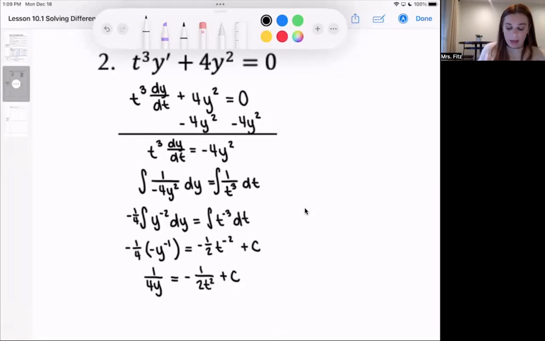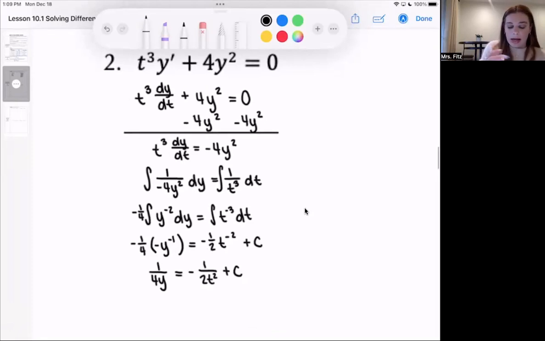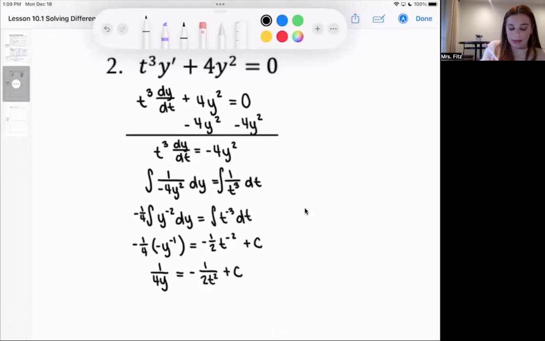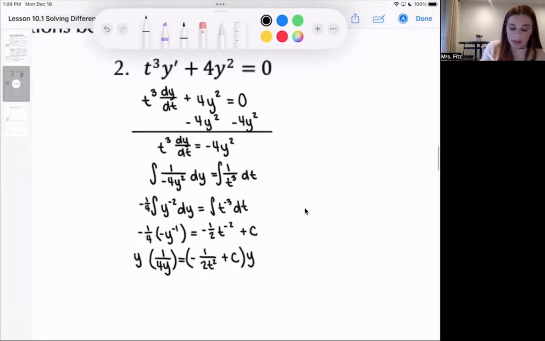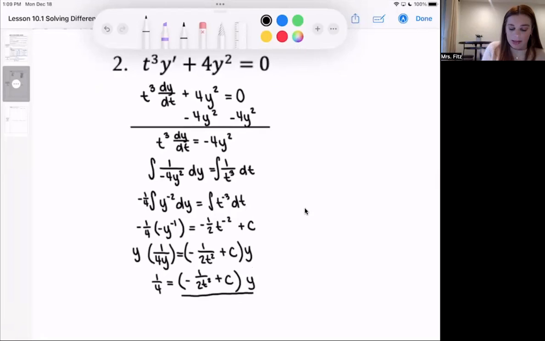All right, well, now we have a little bit of an issue because we want to make sure that we're in y equals form. So what we can do is multiply both sides by y. So we end up with 1/4 is equal to, in parentheses, negative 1 over 2t squared plus c, times y. And then we can just divide both sides to get y by itself by negative 1 over 2t squared plus c.